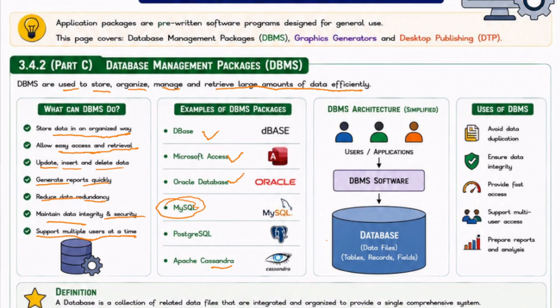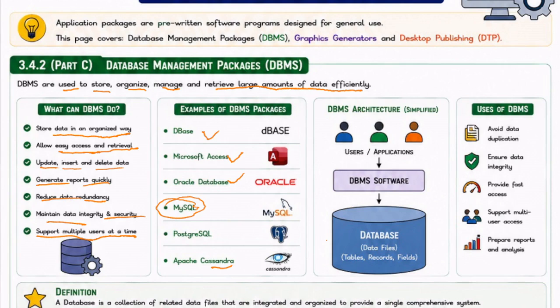I'm going to explain DBMS, because some people might be thinking that DBMS is the same thing as the file manager on your phone. No, they are two different things. DBMS is more than arranging your files.